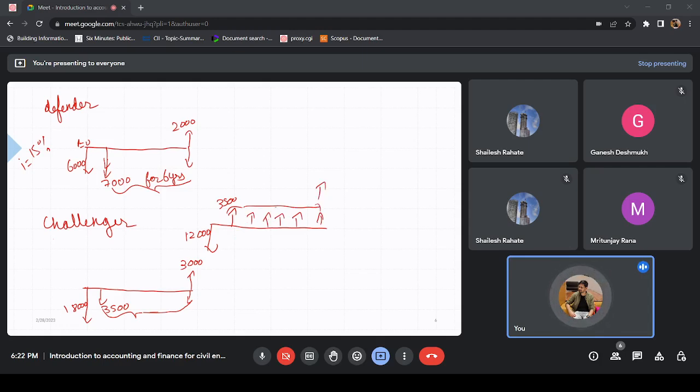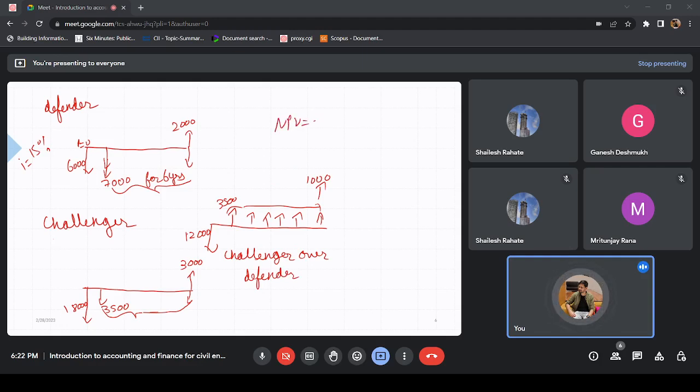And at the end of 6 years, again you have got 1,000 rupees salvage value. This is challenger over defender. So let's calculate the NPV.